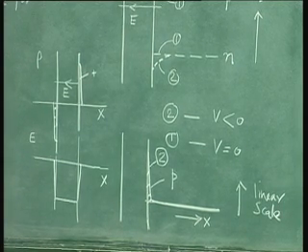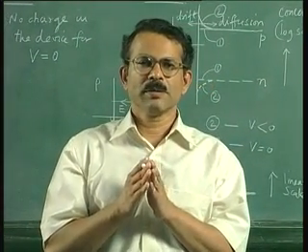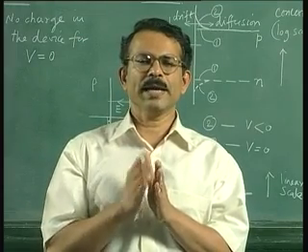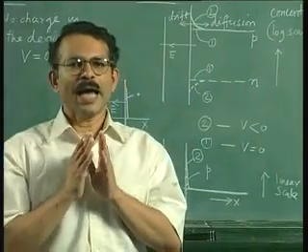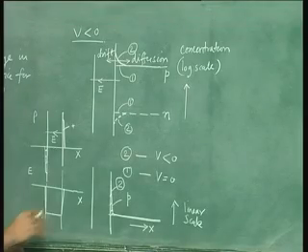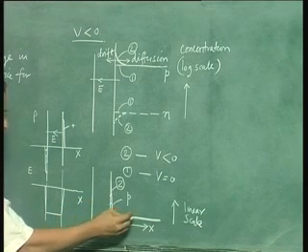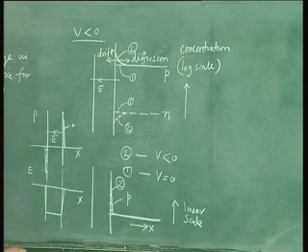Now this condition of piling up of holes in the p-type semiconductor at the interface when you apply a negative voltage to the gate is termed as accumulation. So the capacitor is said to be accumulated, that is pile up of the majority carriers at the interface, that is what is meant by accumulation.